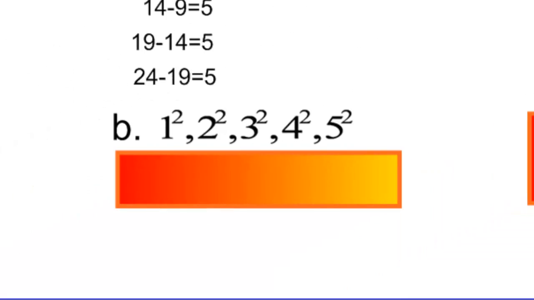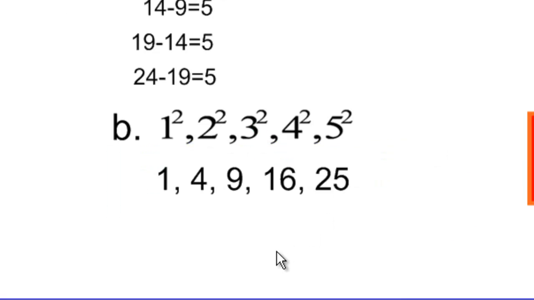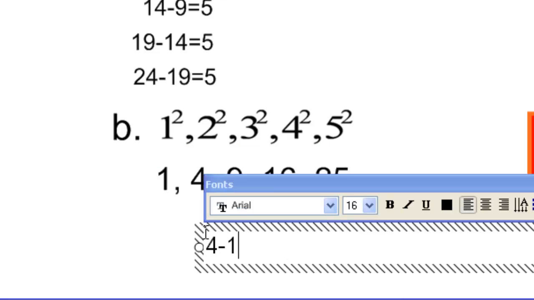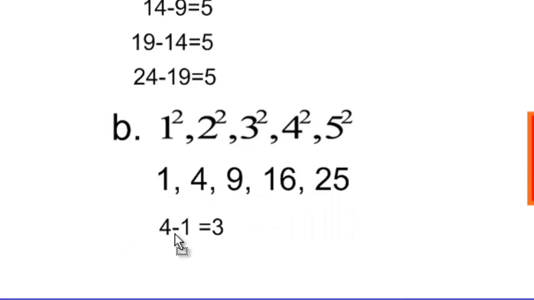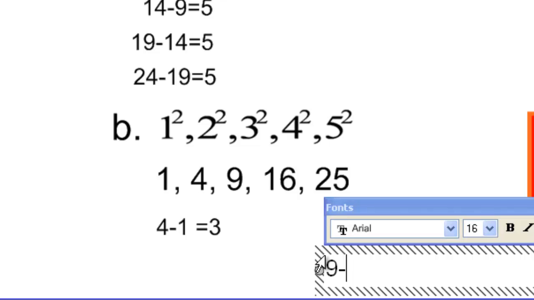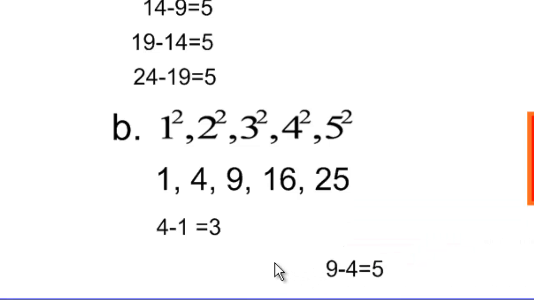Now let's look at example B. 1 squared, 2 squared, 3 squared, 4 squared, 5 squared. If I simplify those, I get 1, 4, 9, 16, and 25. If I take 4 minus 1, it equals 3. However, if I take 9 minus 4, that equals 5.